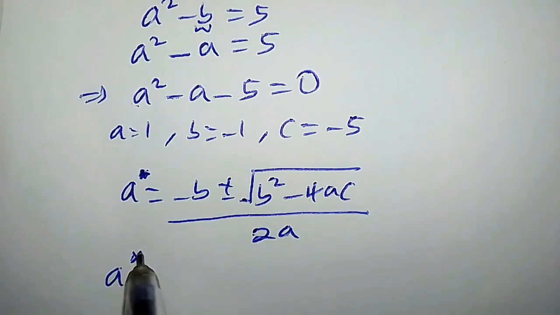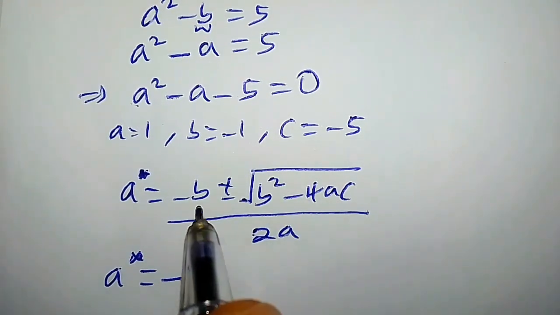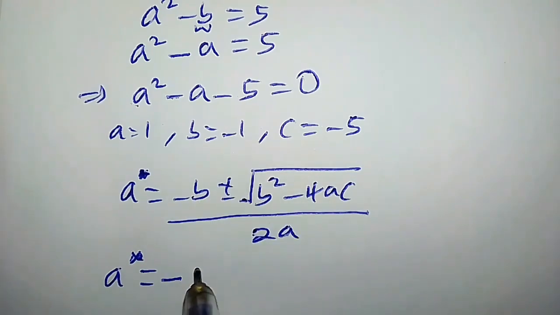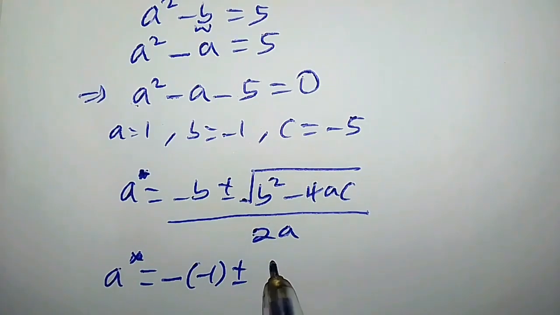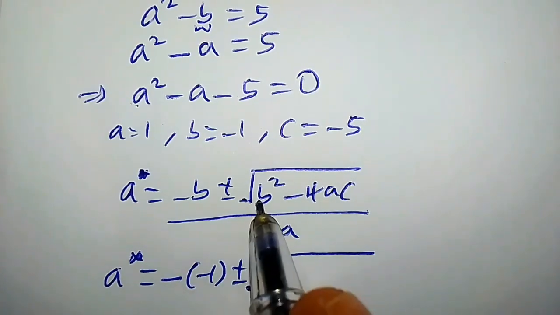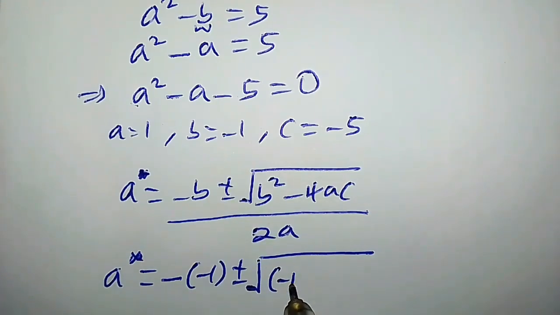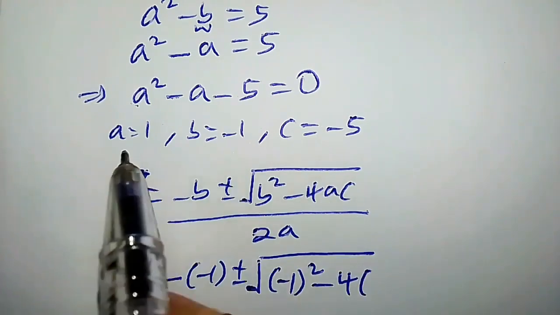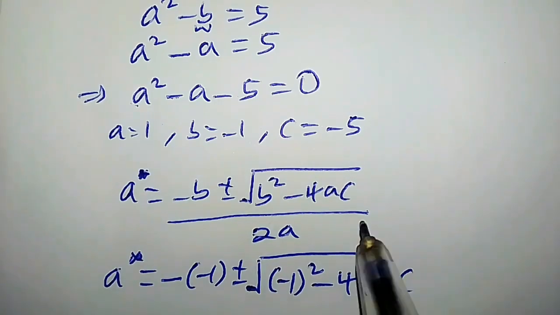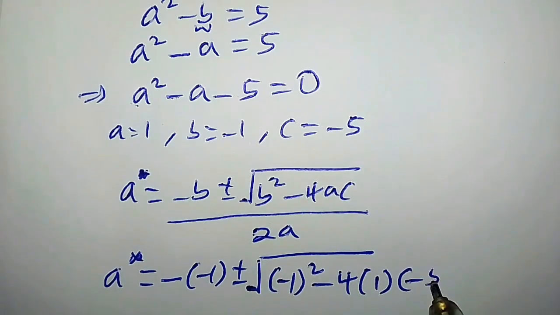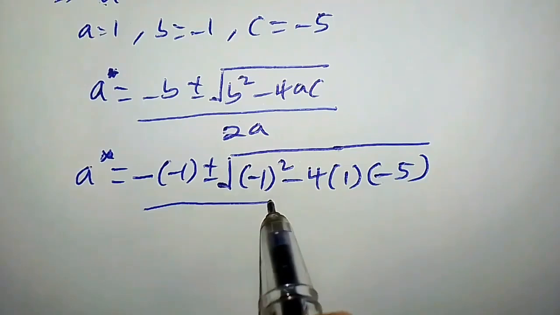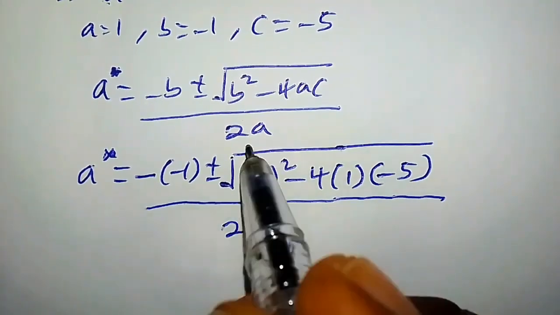So we have a star equal to minus b, which is −1, plus or minus the square root of b², which is (−1)², minus 4 times a, which is 1, times c, which is −5, all over 2 times a.